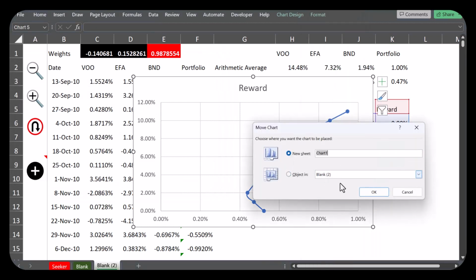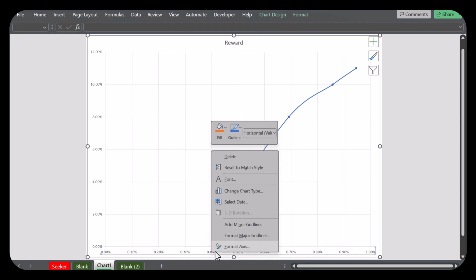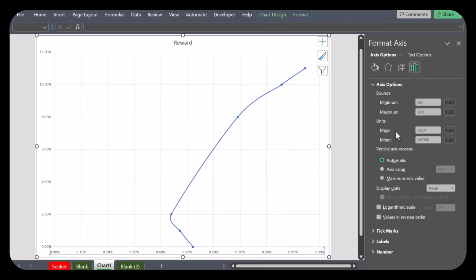I normally tell you don't play too much with the lowest values of the axes, but in this case it matters. On this part, I'm going to format the axis. I'm going to have the minimum at 0.4%, 0.0040.